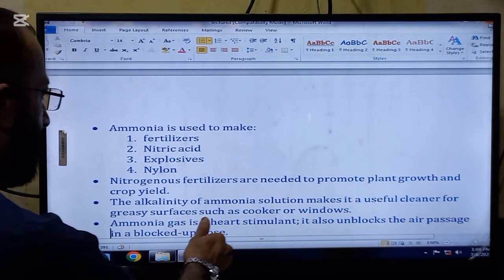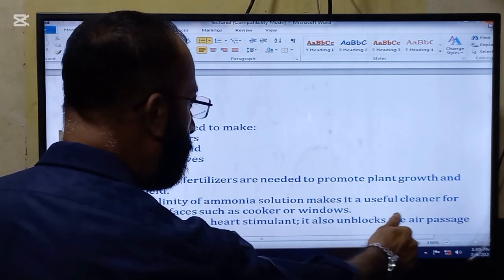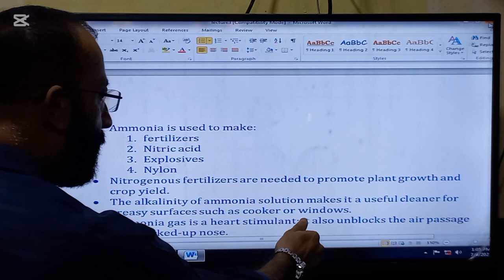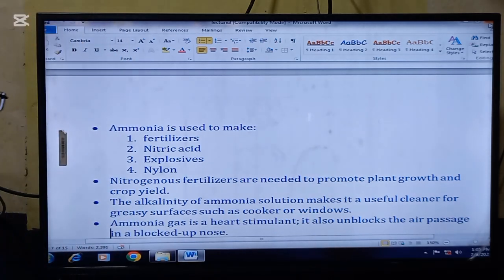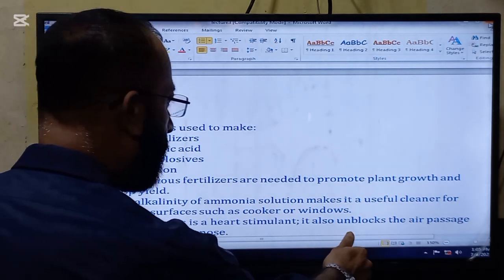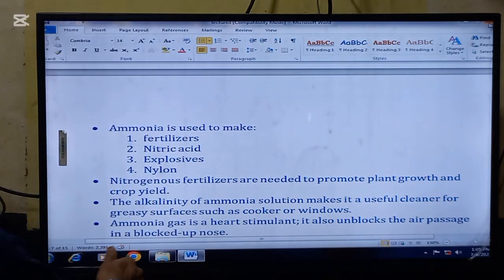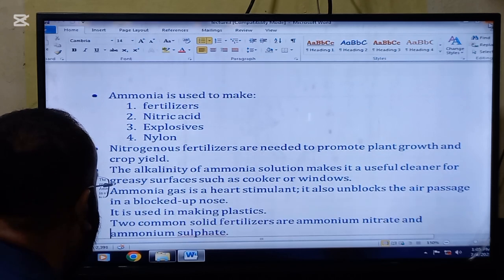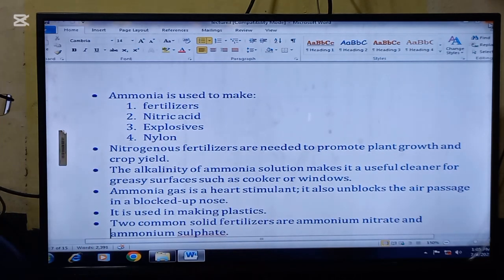The alkalinity of the ammonia solution makes it a useful cleaner for greasy surfaces such as cookers or windows. Ammonia gas is a heart stimulant. It also unblocks the air passages in a blocked-up nose. It is used in making plastics.